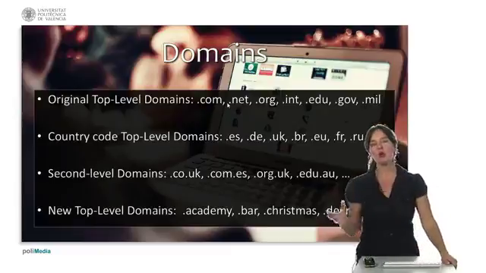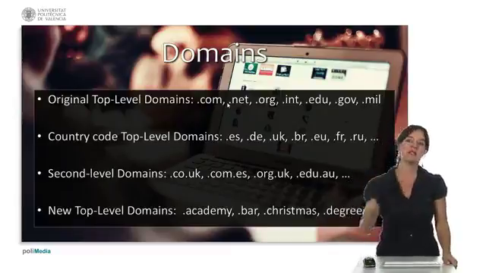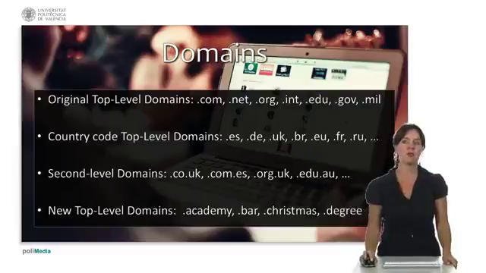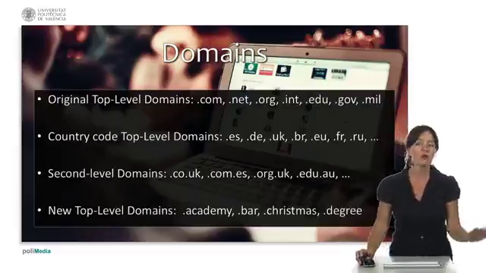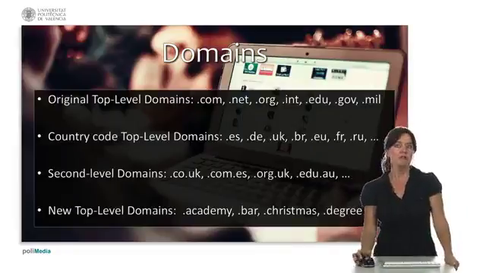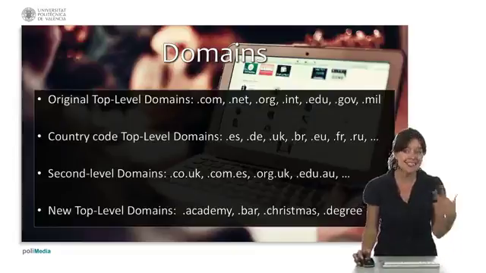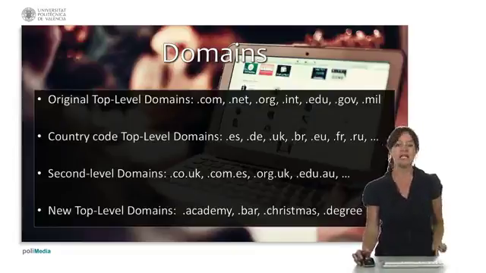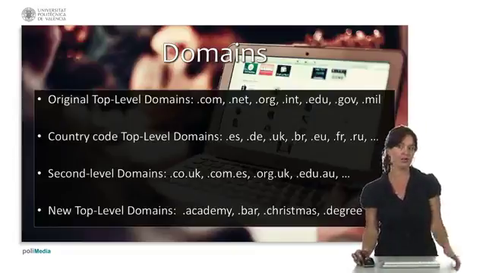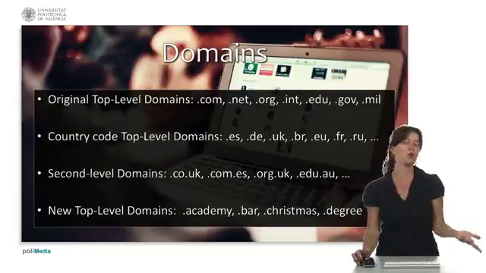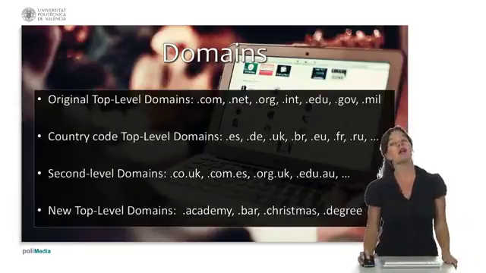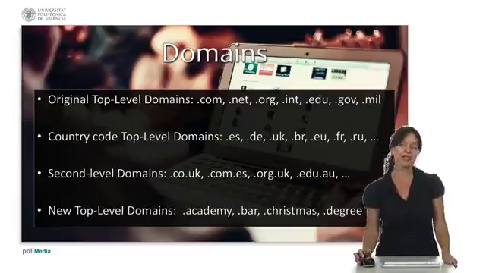Generic top-level domains created early in the development of the Internet are, for example, .com for commercial use, .org for non-profit organizations, .net for networks of organizations, .int for international organizations, and .edu for educational institutions like universities and US colleges. Then we have .gov for government agencies, and .mil for the US military.